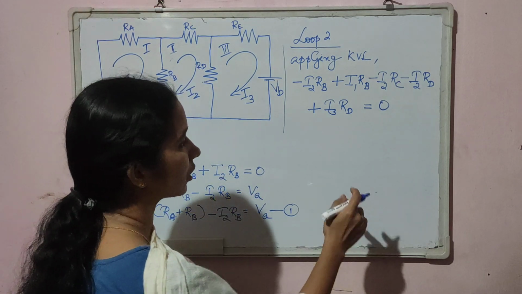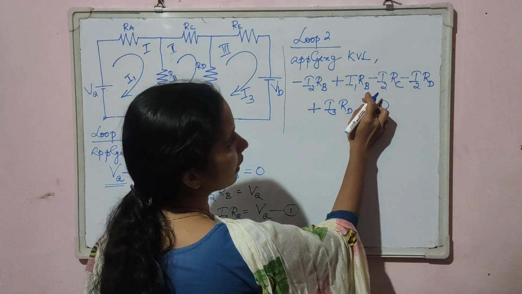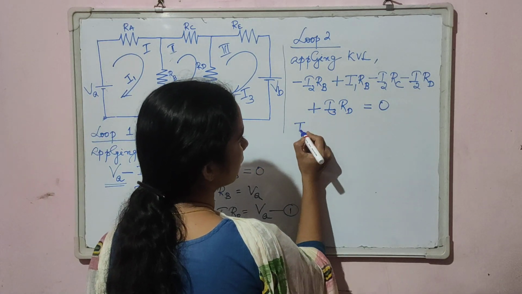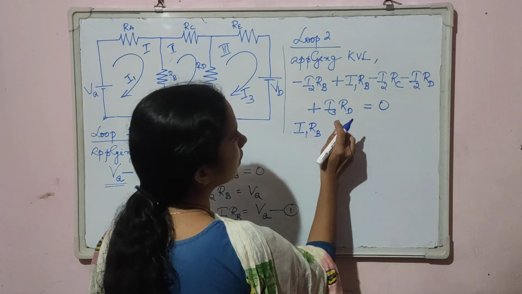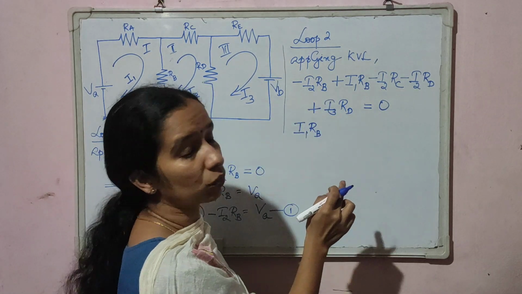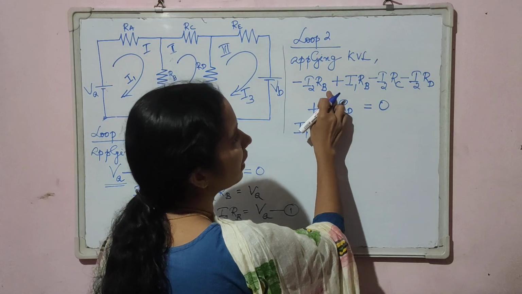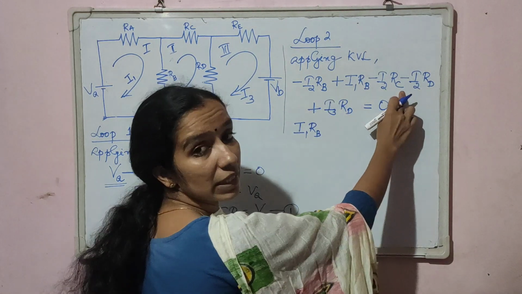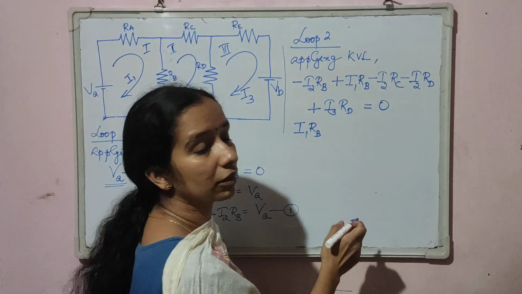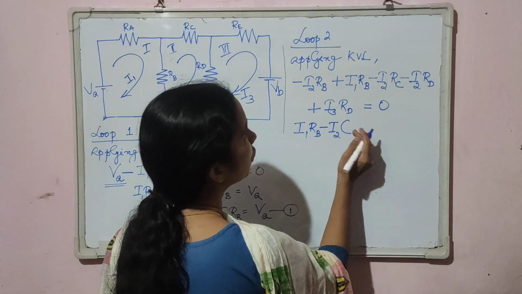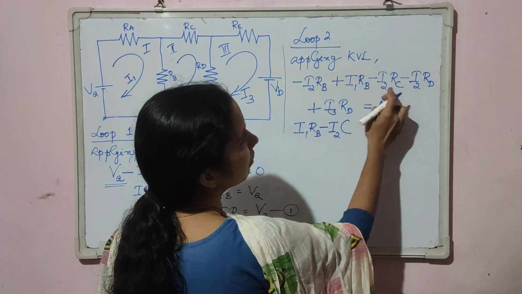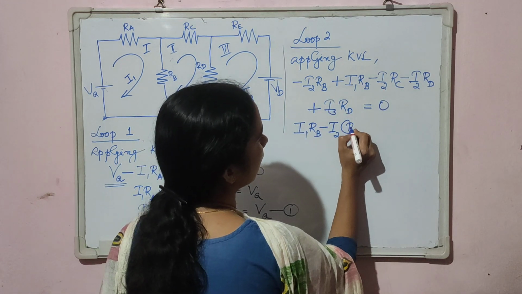So let us rearrange. Here there is I1 into RB, so let us write it first. I1 into RB. Then terms containing I2: minus I2 RB, minus I2 RC, minus I2 RD. Let us take minus I2 common, so minus I2 into RB plus RC plus RD.